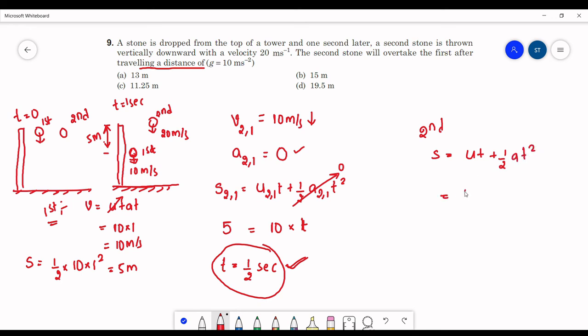Initial velocity of the second body is given as 20 into time taken to hit the first body, half a second, plus half into acceleration, g is 10, into half square, which will be 1 by 4. This will be 10 into 1 by 4, which is 5 by 4, 5 by 4 will be 1.25. 1.25 plus 10 will be 11.25 meters. So this will be the distance covered by the second body before hitting the first body, which is option C.